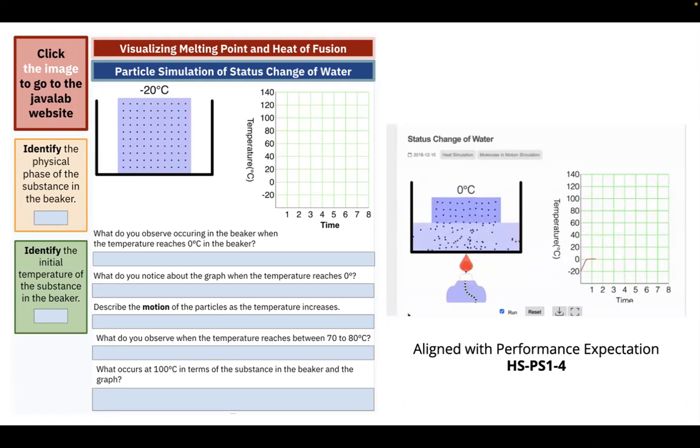We talked about how you would represent a particle diagram of a solid, then looked at the initial temperature, and there are prompting questions to make them think about what they're observing. With this one, all you're doing is hitting run and making observations, but there's a lot to process if you dig down deep into it.